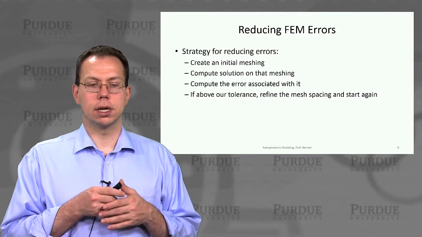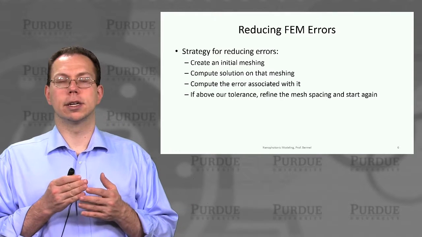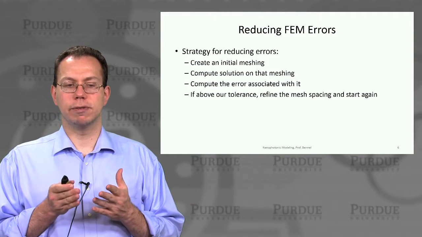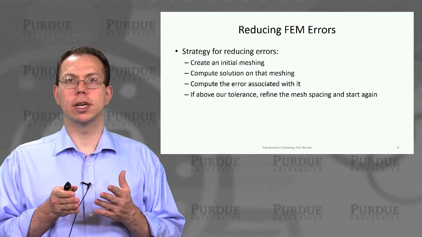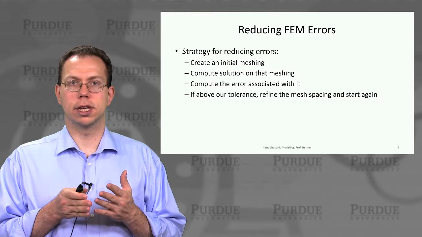Typically the strategy would be to create an initial mesh and compute your first solution on that mesh, which may be very coarse, then compute the error and accept that the error may be much larger than you would desire as a final result.